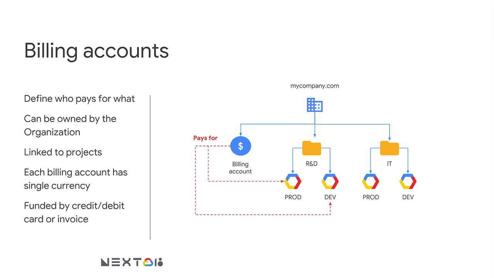So the billing account pays for the project, which includes resources that generate usage. Most commonly, companies tend to have one central billing account, and they receive one monthly invoice from Google. The billing account pays for all the resources in the organization. Then they use labels to break down usage and cost and to do internal chargebacks.